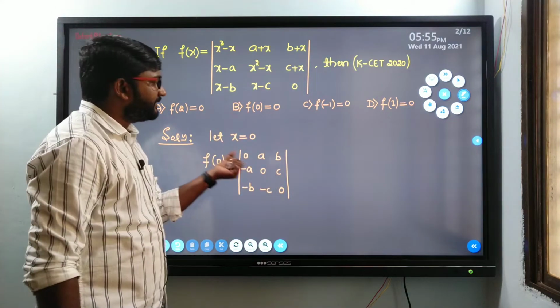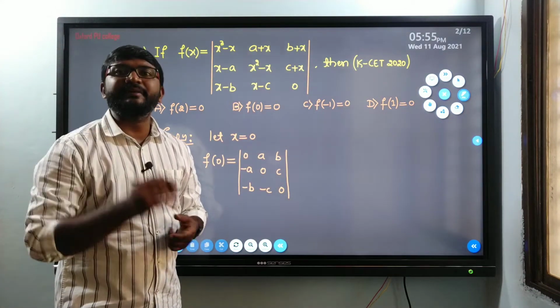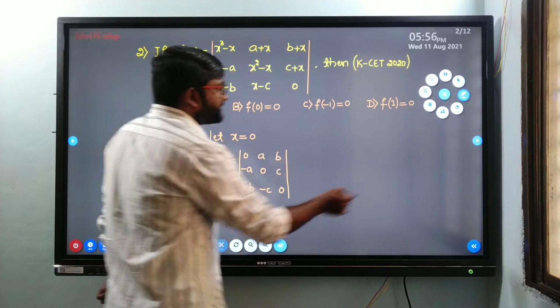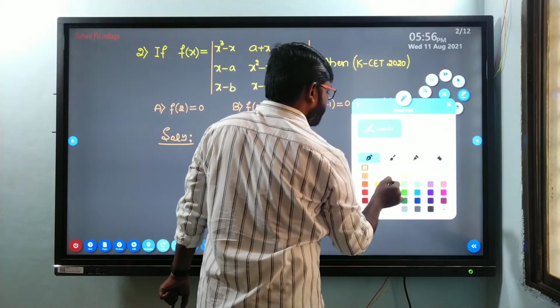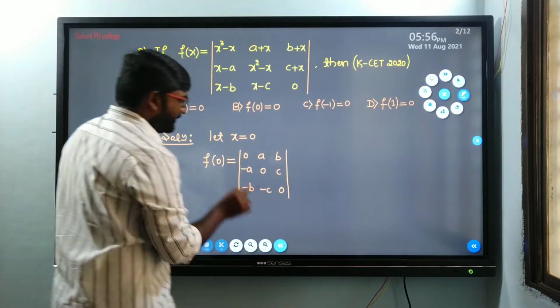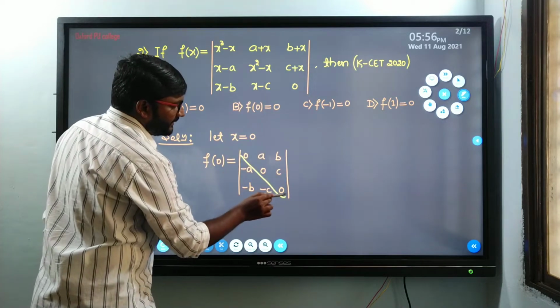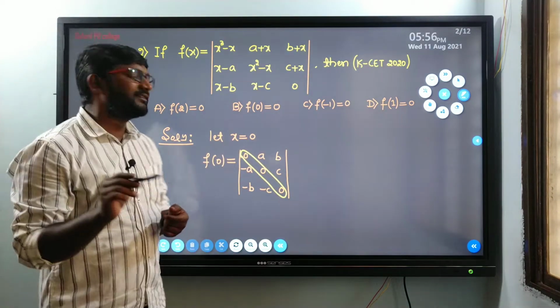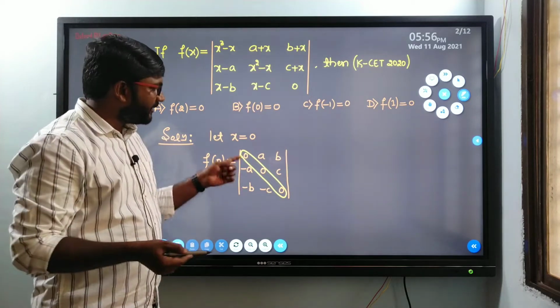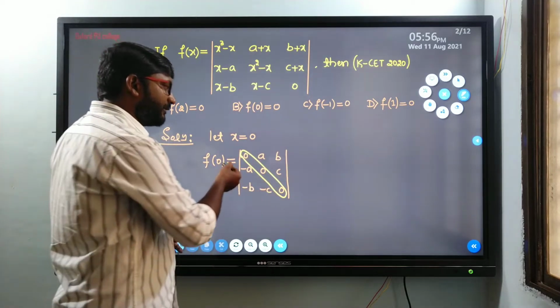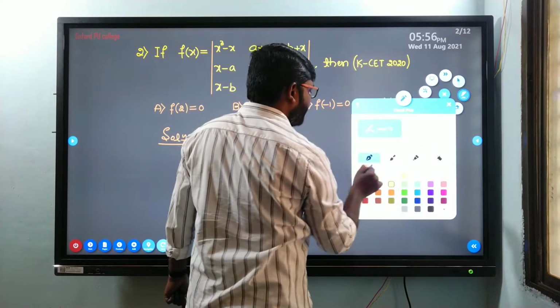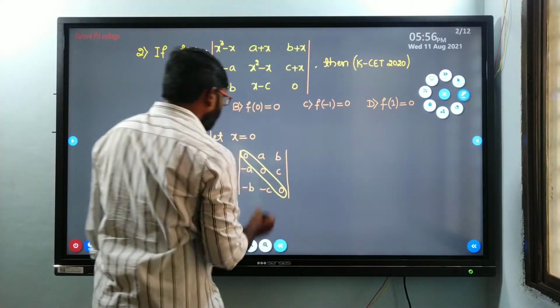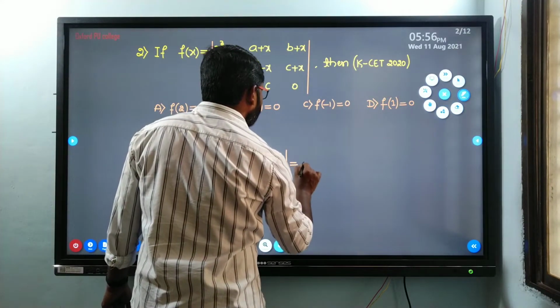It is nothing but the determinant of a skew symmetric matrix. Observe one thing, the principal diagonal elements are 0. In a skew symmetric matrix, the principal diagonal elements will be 0. When all the diagonal elements are 0, the value of this determinant is going to be 0.